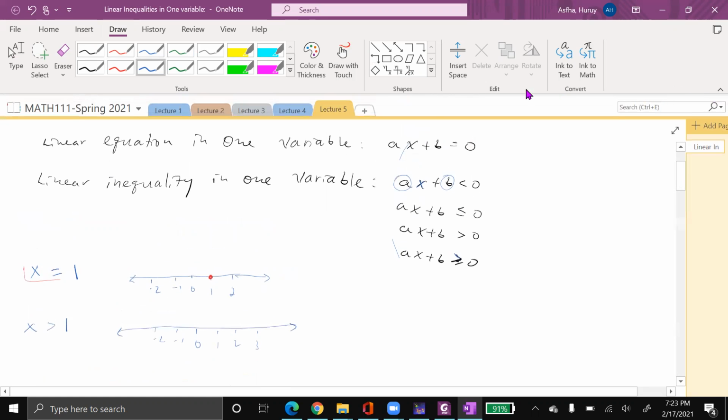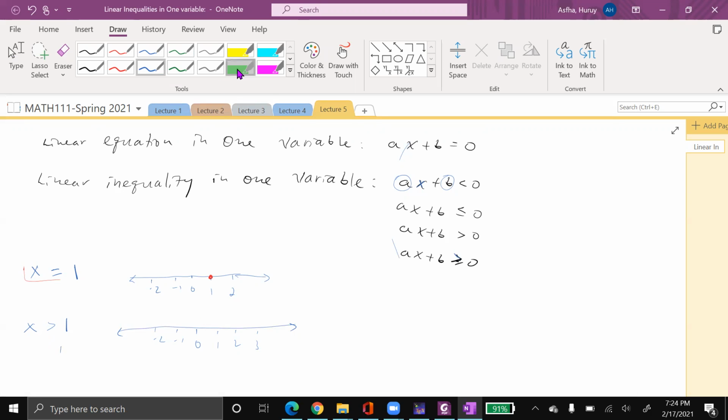When we say x greater than 1, it means all numbers which are greater than 1 will make this one true. For example, if I take 2, if I take 3, if I take 1.1, and so on. How about 1 itself? Well, no, because we don't have equality here. It's not greater or equal to, it's just greater. So 1 is not greater than 1.